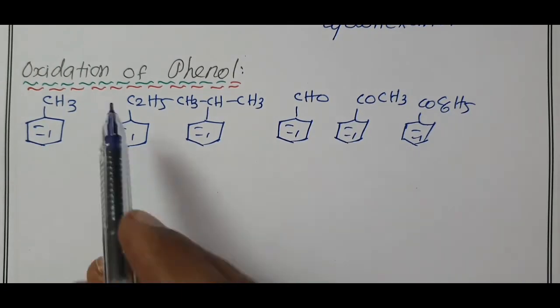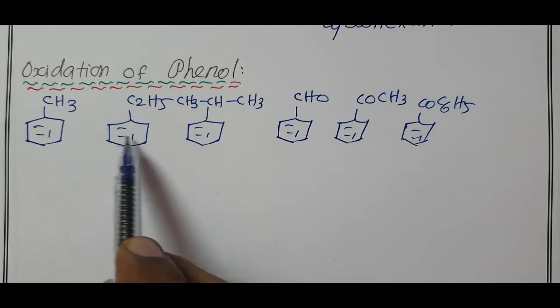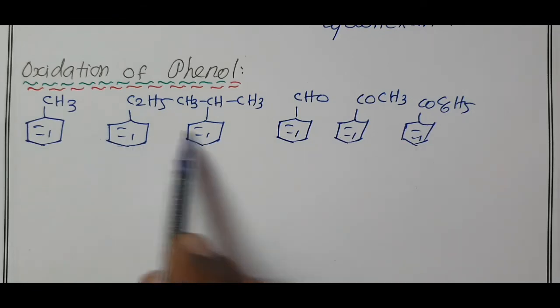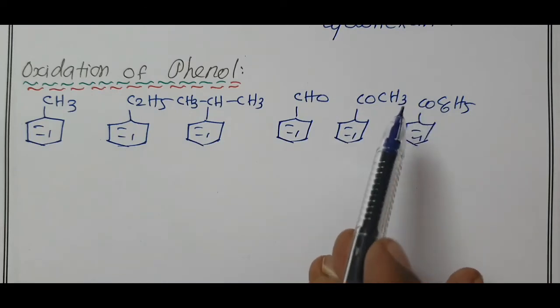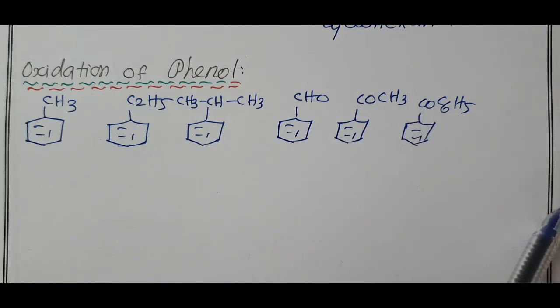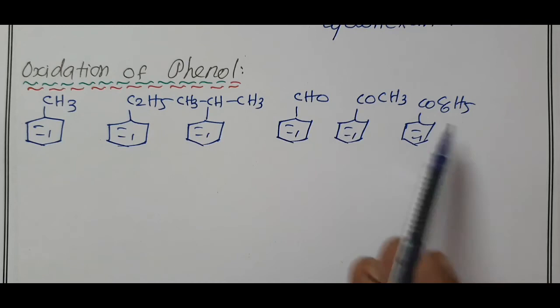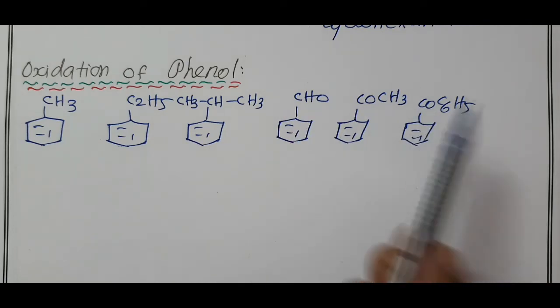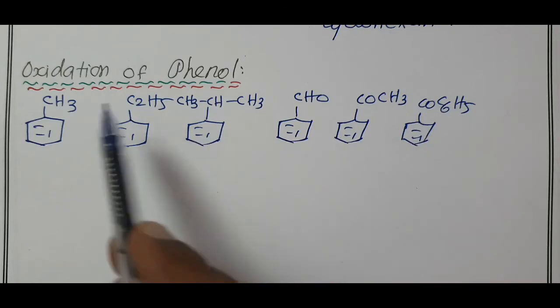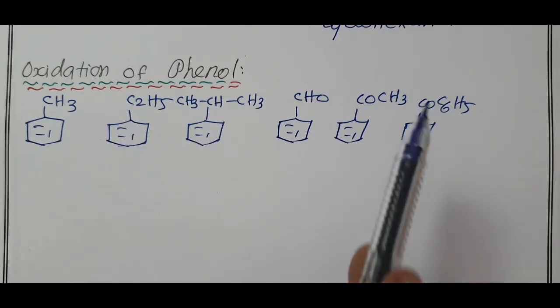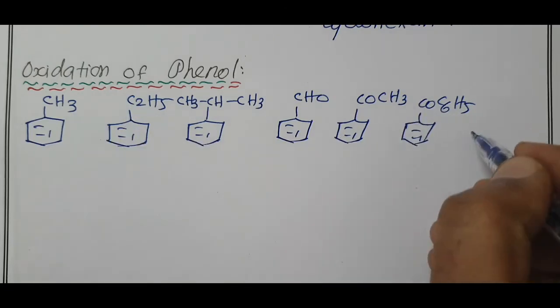Remember one thing. During the oxidation of an aromatic compound, if the side chain contains carbon and hydrogen, no worry about the number of carbons and hydrogens.